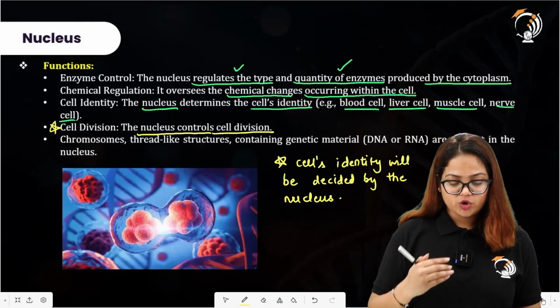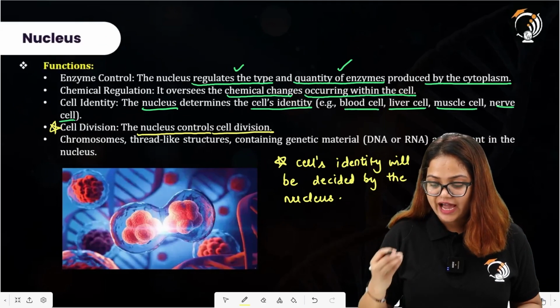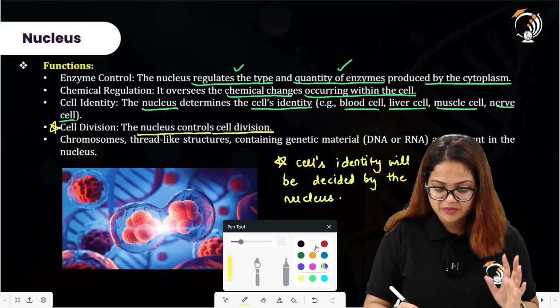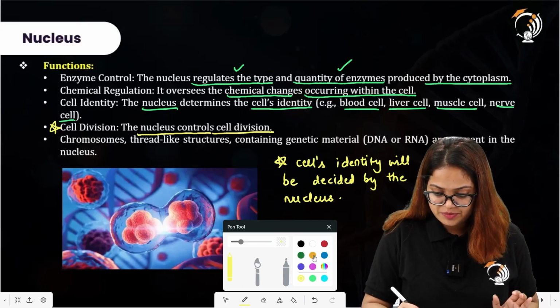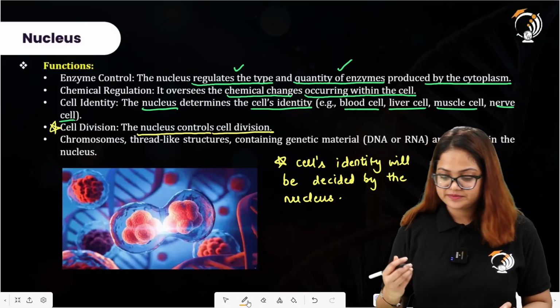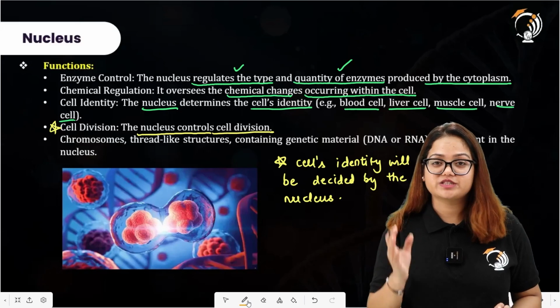Then we have the chromosomes, which are thread-like structures containing genetic material, DNA and RNA, present in the nucleus. These thread-like structures present in the nuclear region are visible during the cell division process only.